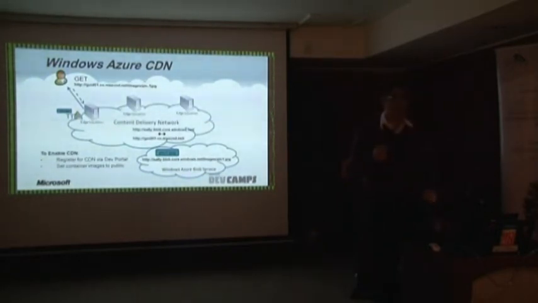So the second user, or the second time the same user comes back, he does not pay the penalty of having to go back to the US server. It's much faster. So you have your application sitting in one data center, but you can serve the whole world using the content delivery networks.